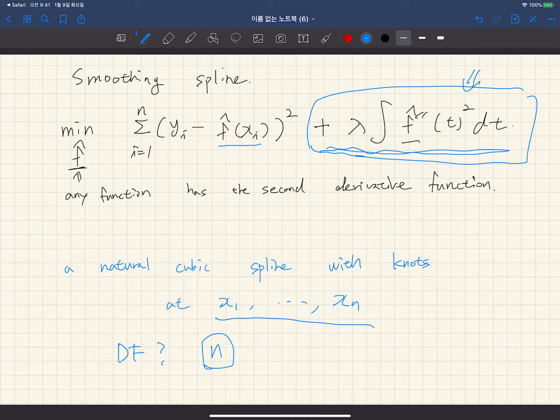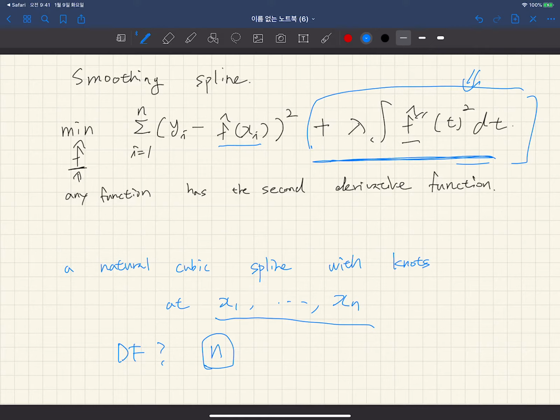Which means if you use some other function that is not a natural cubic spline, you can find a corresponding natural cubic spline that shares the same output for every knot x1 through xn, but can decrease this additional cost part.